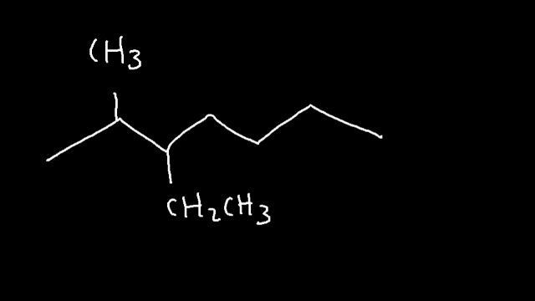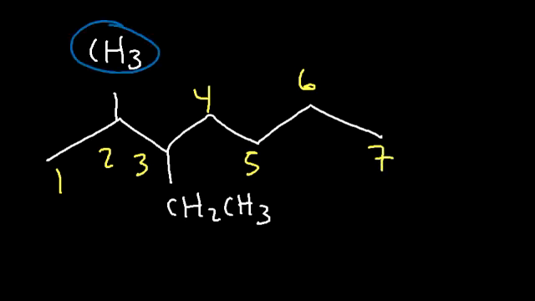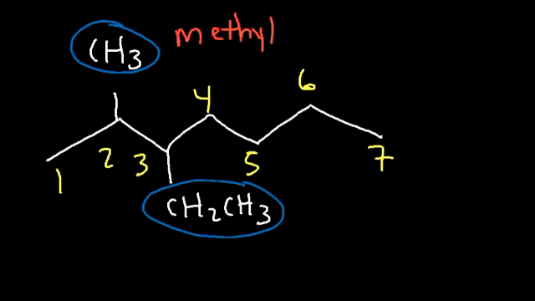So feel free to pause the video and go ahead and name this particular example. So if we count the carbons, the longest chain has 7 carbons, so that's heptane. We have a methyl on 2 and an ethyl on 3. So which one is going to come first? Is it methyl or ethyl?